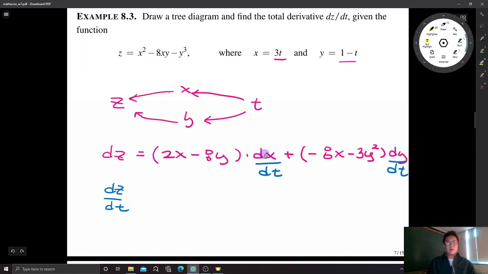All right, so 2x minus 8y times dx over dt, the derivative of this one, is going to be 3. And dy over dt, the derivative of this one with respect to t, is -1. Okay.